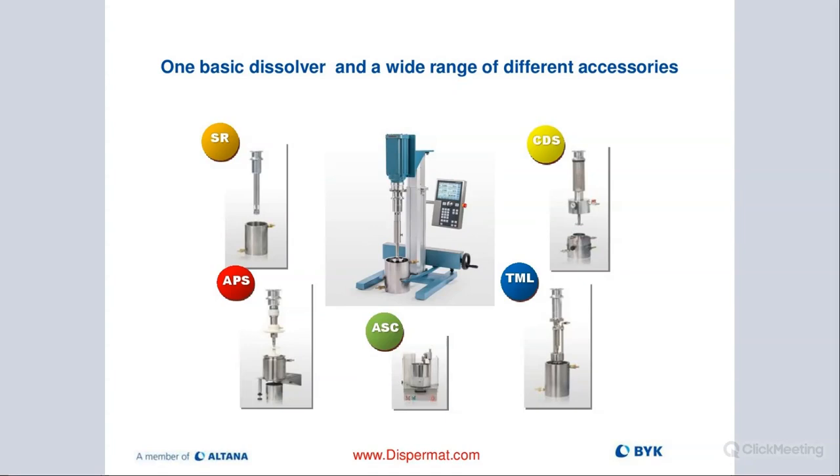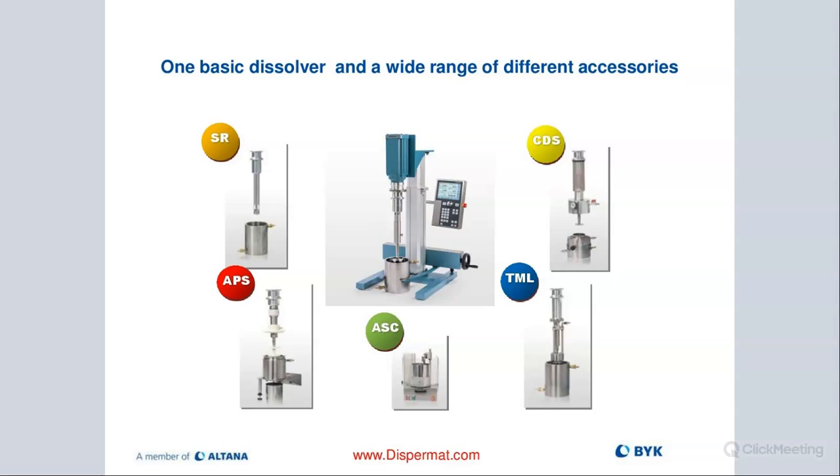All these are separate attachments that can be purchased at a later date, and they would all fit onto the same Dispermat. So that means that you are buying one machine to do all your pre-dispersing as well as your milling needs. And you don't have to buy two machines. So you service one machine, you only need the space for one machine.